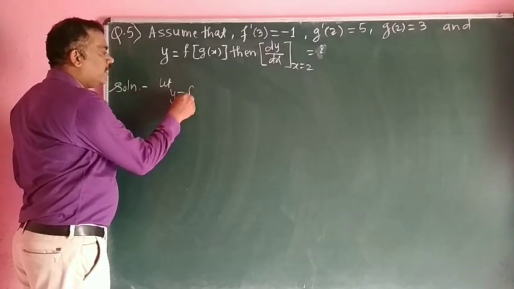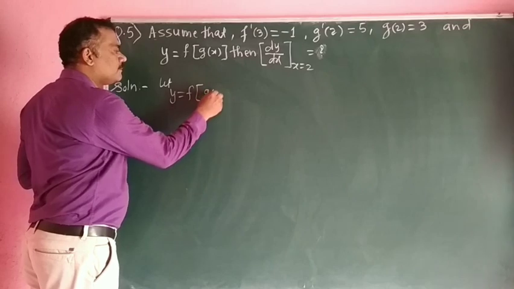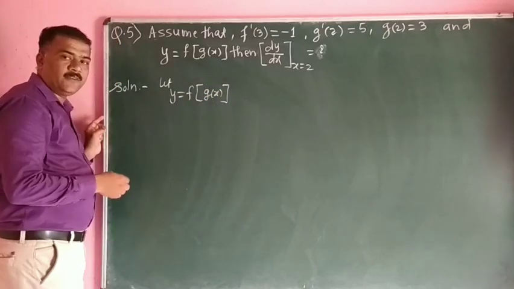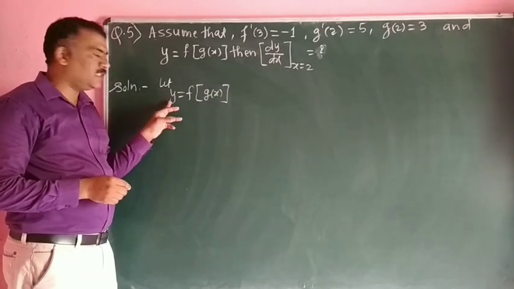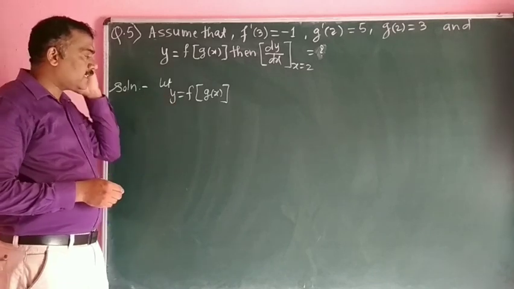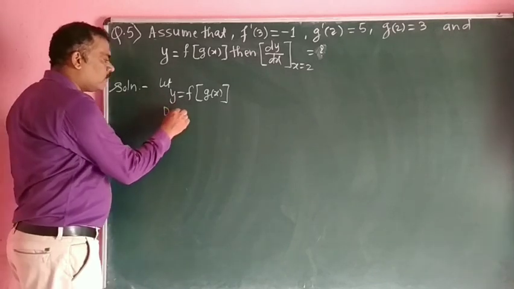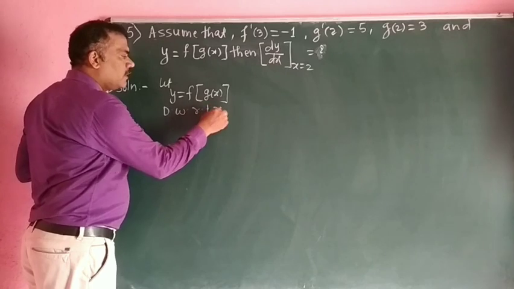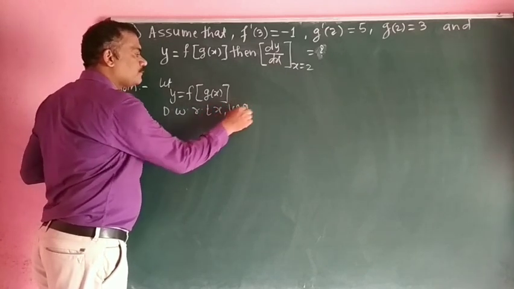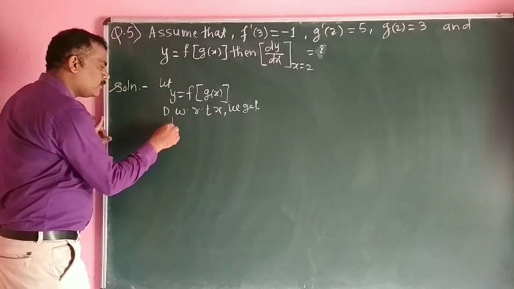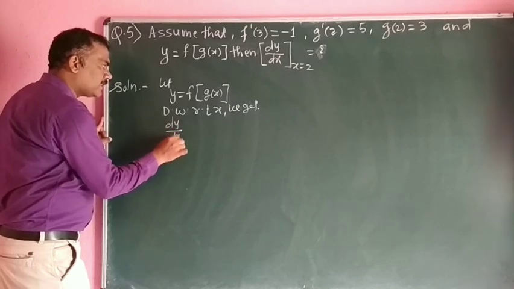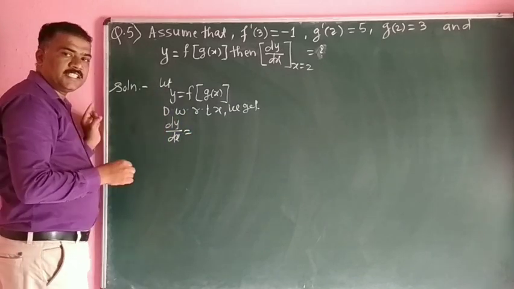Let y is equal to f of g of x. We have to find dy by dx. It means that we have to differentiate this y with respect to x. Differentiation of y with respect to x is dy by dx. First we differentiate f with respect to x.